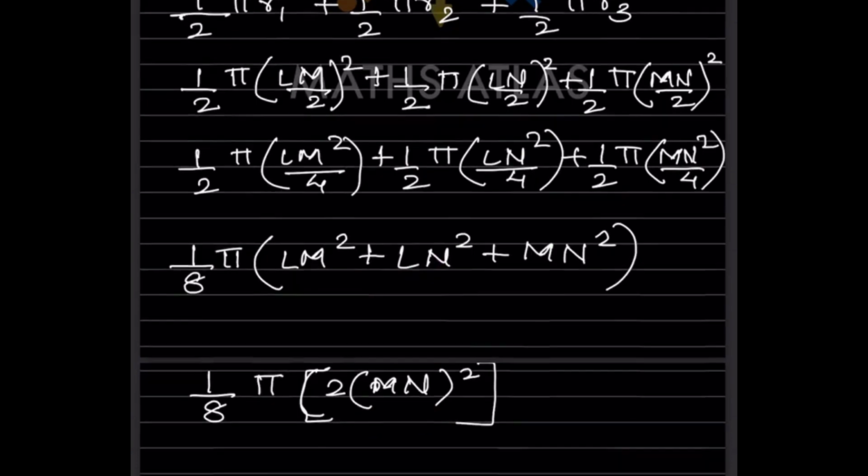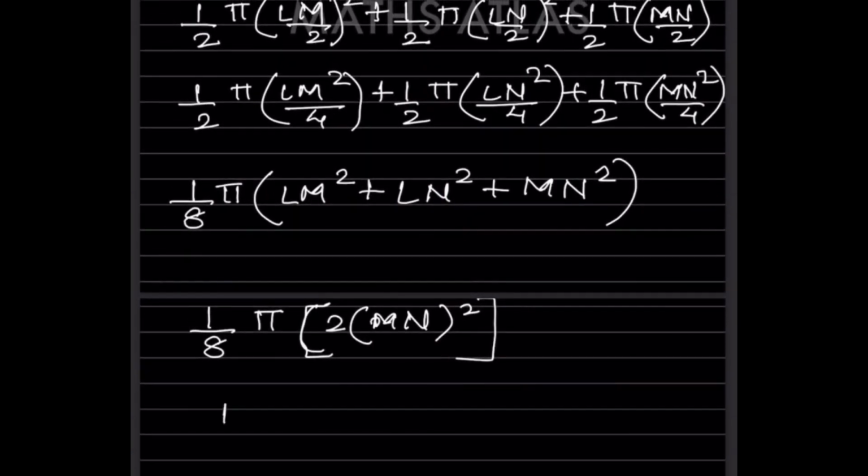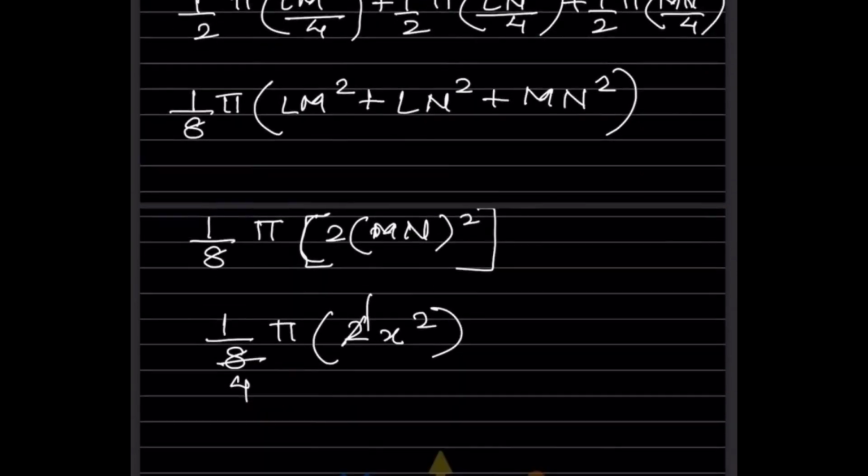And now we know what that is. So this is going to be 1 by 8 pi, and this is x, MN is x. So now we can simplify this one. So what will be the answer? That is going to be 1 by 4 pi x square. So this is the answer.